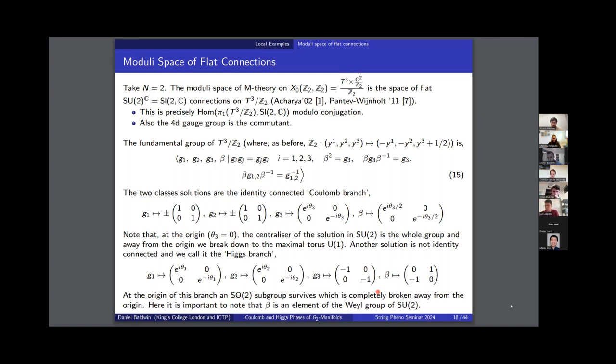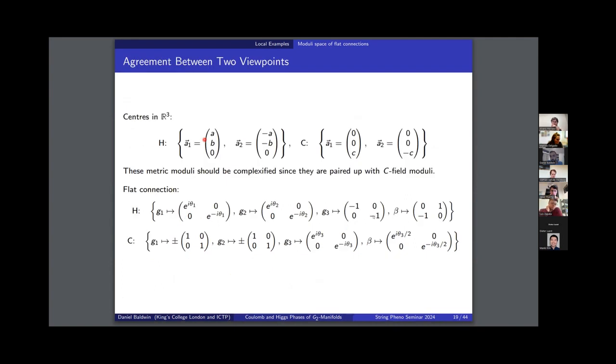It's important to note here that the beta matrix is in the Weyl group of SU2, or at least in the normalizer of the maximal torus. This harks back to what I said before about the Weyl group playing a role in these different branches. So we can see that these two viewpoints agree. We have two different branches, one of them two-dimensional and one of them one-dimensional.